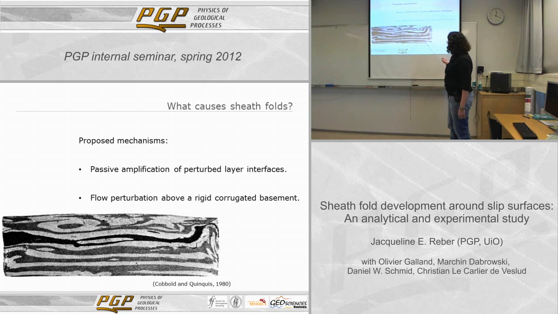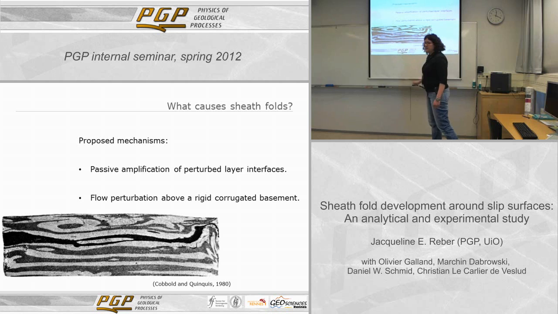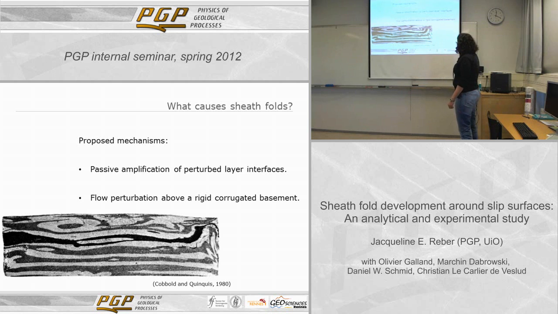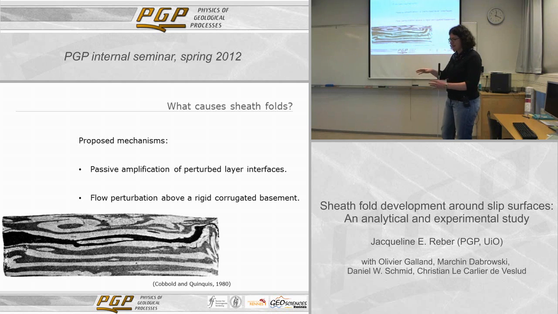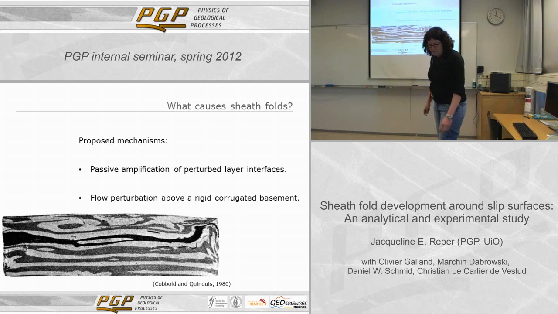So that is the cross-section across this experiment they did. And what they could observe are these closed contours here, which are supposed to be characteristic for sheath folds. They also had another idea that you can trigger this kind of folding when you have a very rough basement, and then you have a weaker layer on top, and you put it under simple shear, that this might perturb the flow enough to produce sheath folds as well.